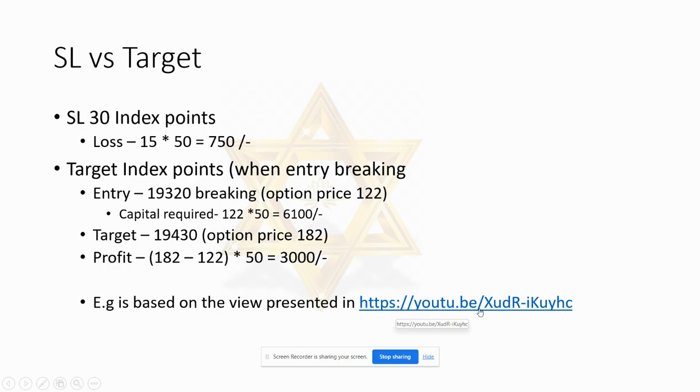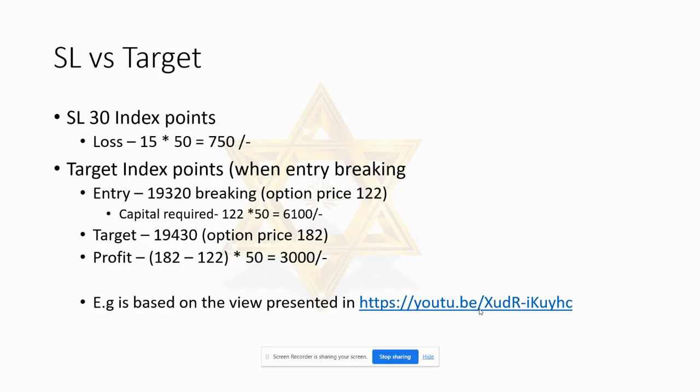Price and target. Finally, I want to add one more point: we need to really wait for the target or stop loss to be hit. This is a very important thing in trading. Meaning, if I take entry above this price, I either have to wait for the market to hit the 30-point stop loss, or wait for the market to go to the target mentioned in the video.